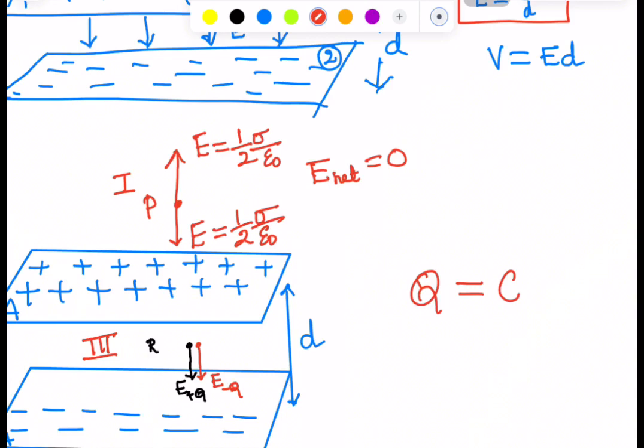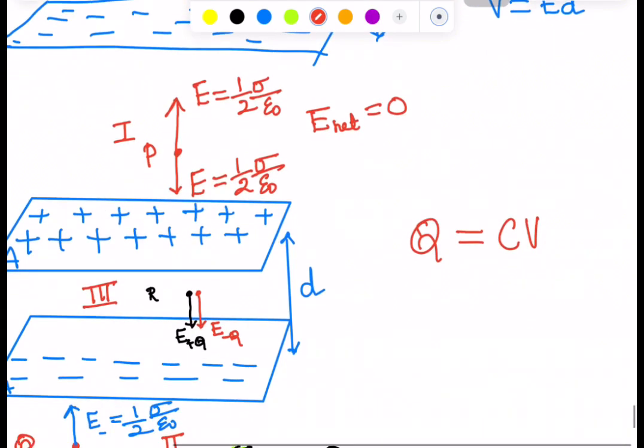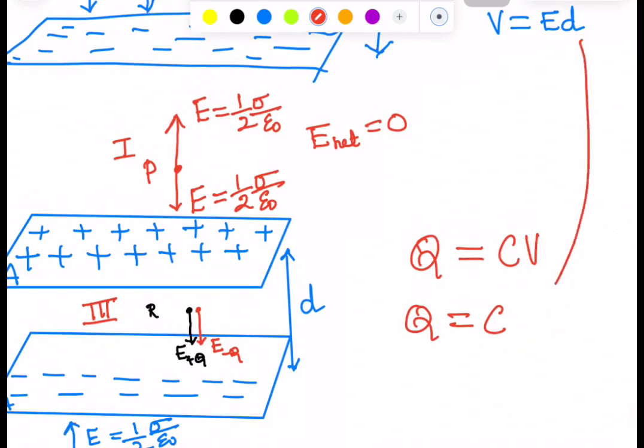If you want to equate it, you have to multiply by a capacitance. So Q is equal to C into V. Instead of V, let me write E into d.